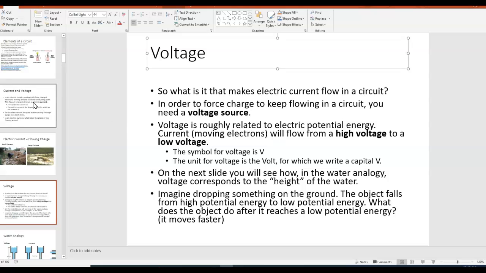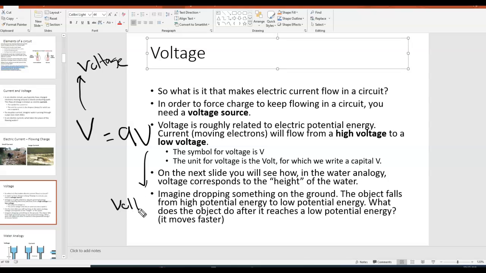Now, the symbol for voltage actually makes way more sense than the symbol for current. The symbol for voltage is a capital V. Kind of confusingly, the unit for voltage is the volt, which also has a symbol of a capital V. So for example, if I go to the store and buy a 9-volt battery, I would write V equals 9V, where the first V represents the voltage, and the second V represents the unit, which is volts.